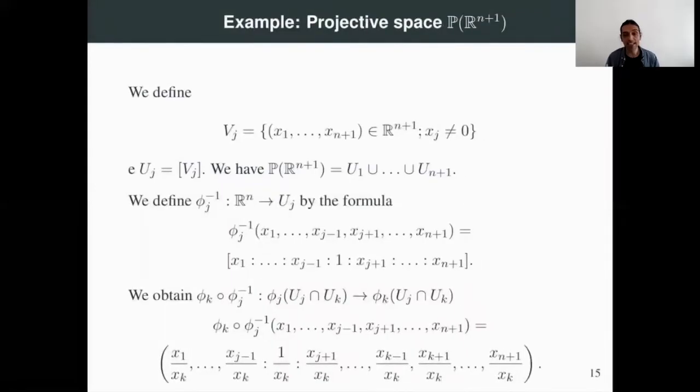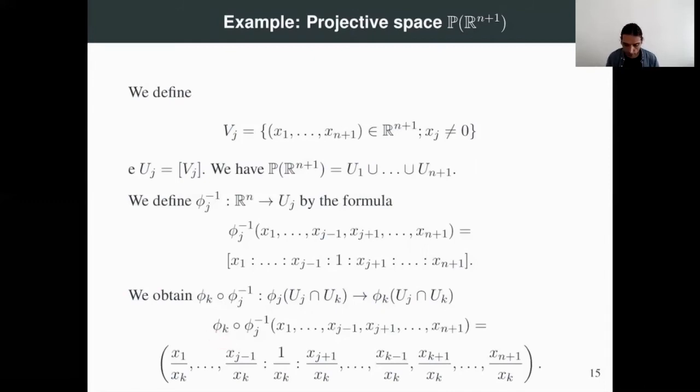We can actually study the coordinate changes because it is clear that there are elements of the real projective space that belong to the domains of different charts. The minute that you have two coordinates that are different than 0, you are already in at least two charts. So we consider the expression of the coordinate change. We have to consider phi sub j inverse composed with phi sub k.